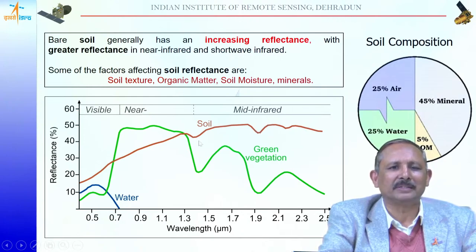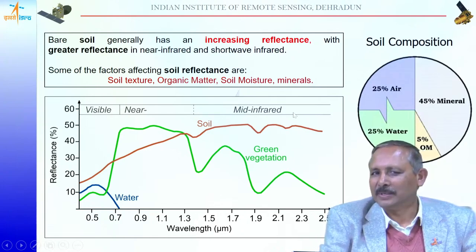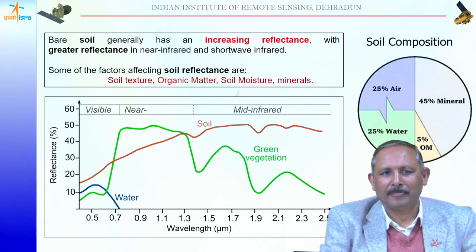This absorption peak is mainly because of water in the soil, so that's why we call it the water absorption peak. But this absorption peak we also get because of mineral matter, clay minerals present in the soils. In this spectra I want to show you that in the mid-infrared region we get a lot of information about the soil.